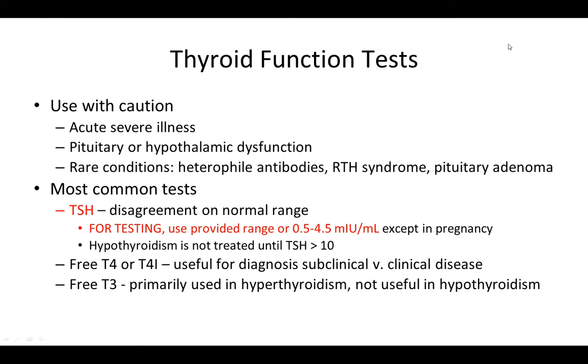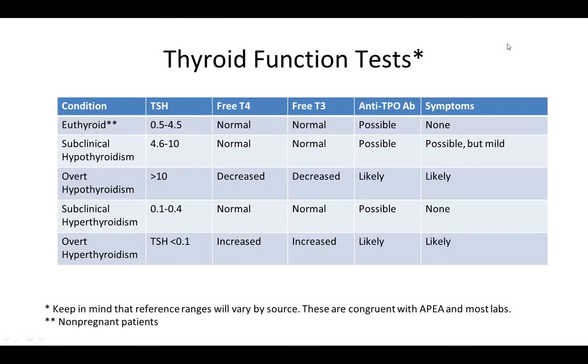Okay, so let's go ahead and get into the nitty-gritty of these tests. You can call euthyroid 0.5 to 4.5, so normal thyroid. One of the tests that we can do for thyroid dysfunction is an anti-TPO antibody, anti-thyroperoxidase antibody.